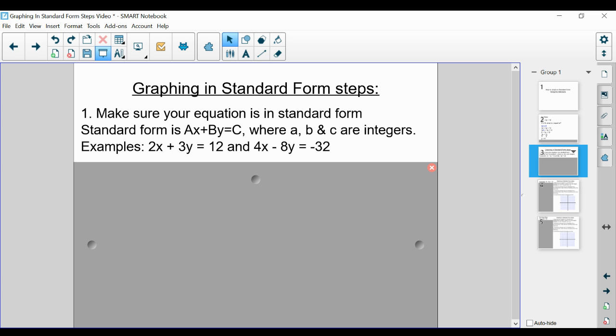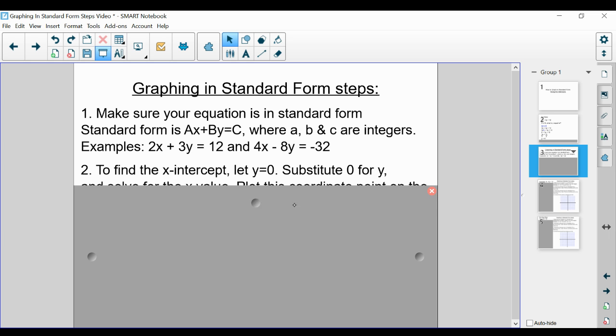Standard form is ax plus by is equal to c, where a, b, and c are integers, whole numbers. For example, 2x plus 3y is equal to 12. That's an equation in standard form. That's actually the do now equation as well. And we could have 4x minus 8y is equal to negative 32. That's also an example of standard form.